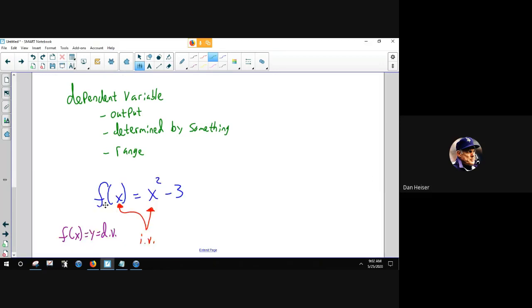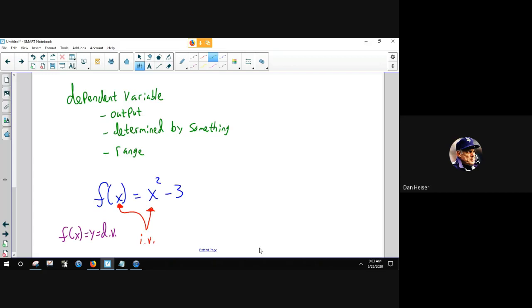So here I have a function. I just made this up. F of x is equal to x squared minus 3. Our independent variable is x. I get to choose what x is. F of x, which is also y, is our dependent variable. Y is our dependent variable.